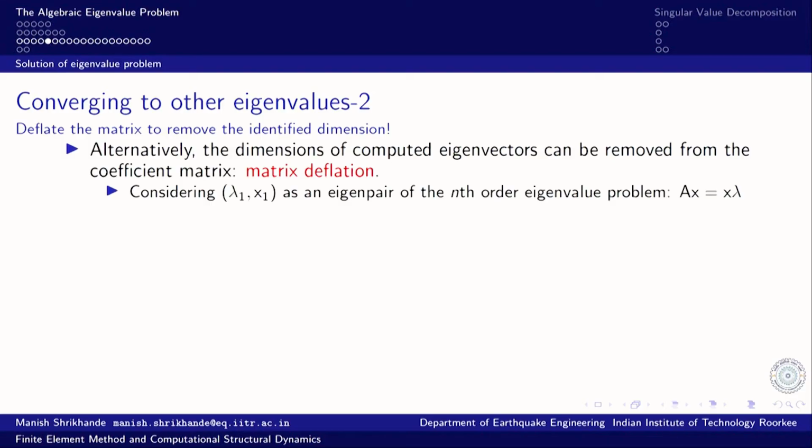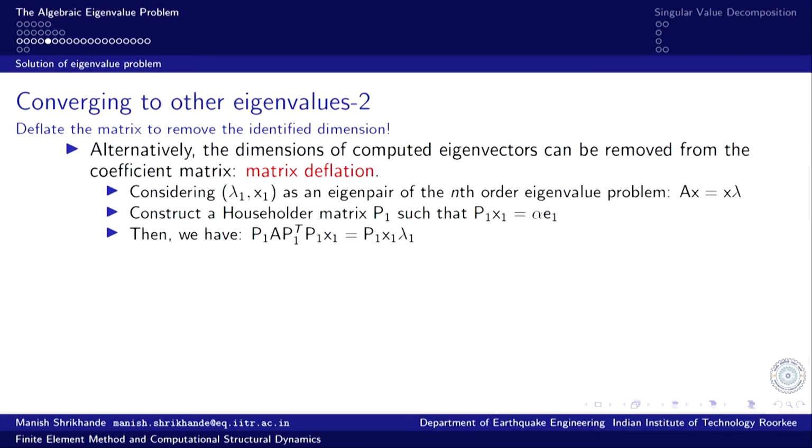If lambda 1 and x 1 is an eigenpair of the nth order eigenvalue problem, A x is equal to x lambda, then we consider a Householder matrix P 1 such that P 1 x 1 is equal to alpha times e 1, where alpha is a coefficient and e 1 is the first Euclidean unit vector, 1 0 0 0 and so on.